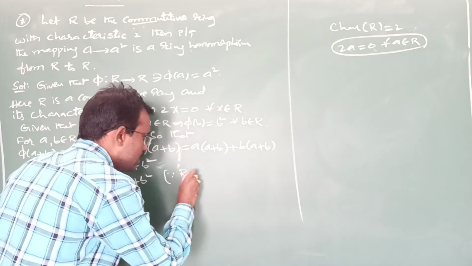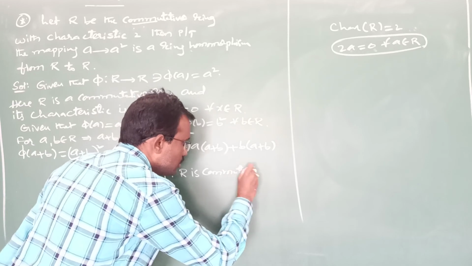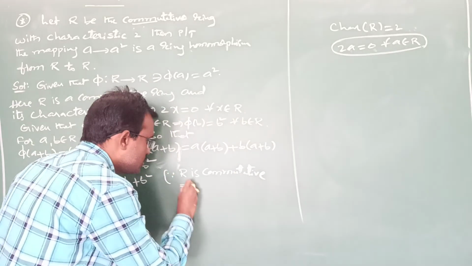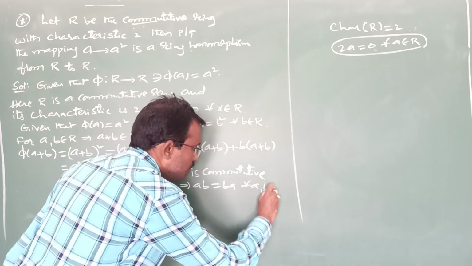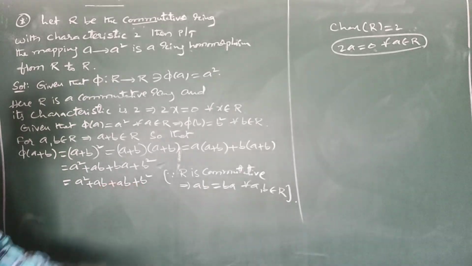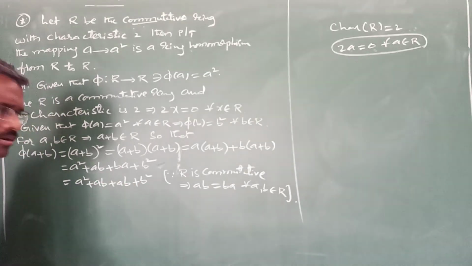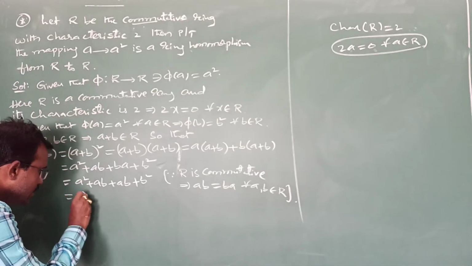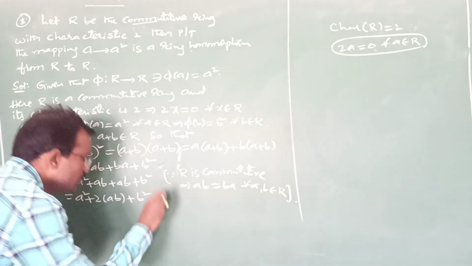Since R is commutative, that implies A into B is equal to B into A for all A comma B belongs to R. Any problem is there? But AB plus AB is what? 2AB, or not? I mean, this we can write A square plus 2 into AB plus B square, right?